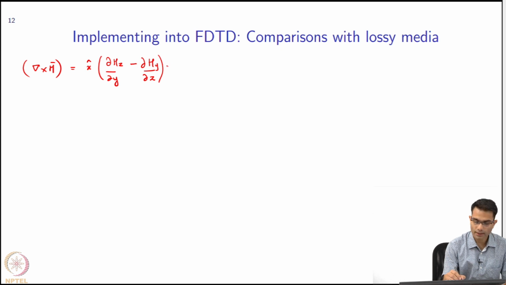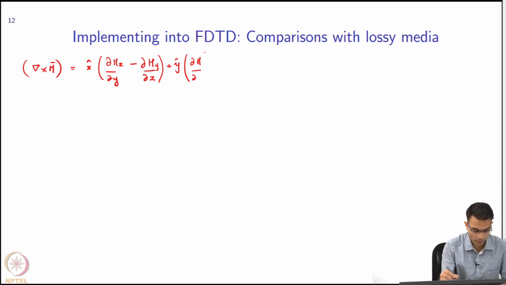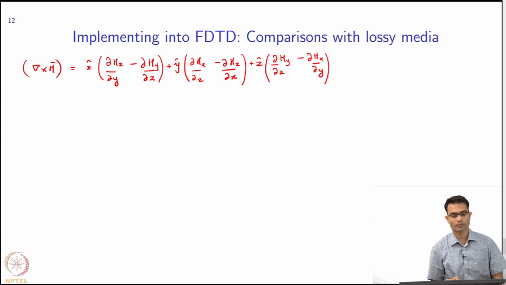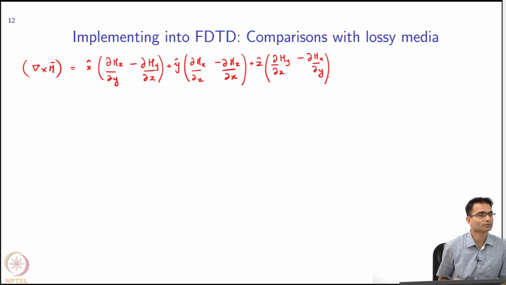Then I have a y hat term, which is d by dz of H x minus d by dx of H z, and then I have a z hat component which will have d by dx of H y minus d by dy of H x. This is the usual way in which we write the curl.